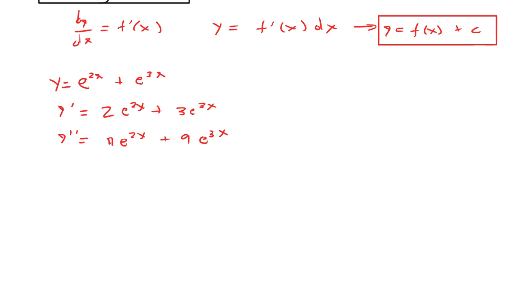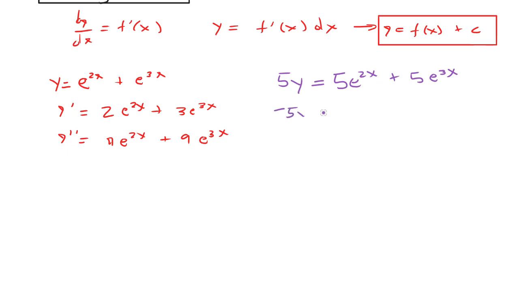Now notice that if I multiply the first equation by 5, I would get 5y equals 5e to the 2x plus 5e to the 3x. What if I multiply the second equation by minus 5?